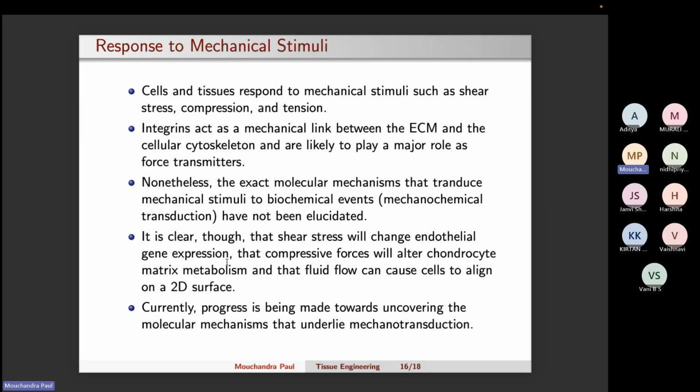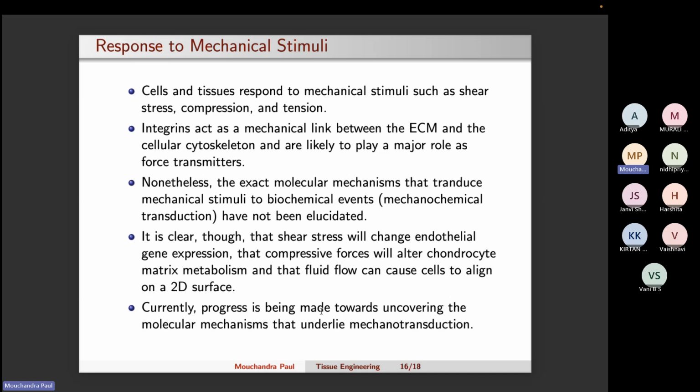They also alter the matrix composition that we have already discussed previously: chondrocytes can change the ECM composition when compressive normal forces are applied. Depending on the direction of the fluid flow, that can direct how cells in suspension are going to adhere on flat surfaces.